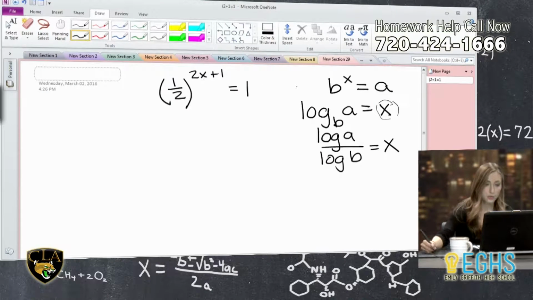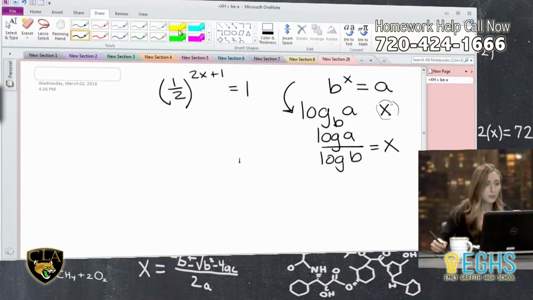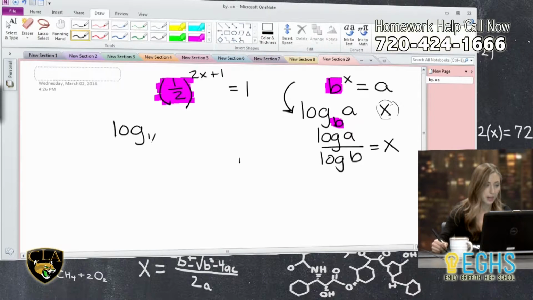Starting out, we basically want to get our equation from this exponential form to the logarithmic form. Really, this is just a matter of pulling apart the pieces of it. The first part, b, is the base, so I can start out by calling it log of 1/2. That's the base part there, and it moves down to the bottom.